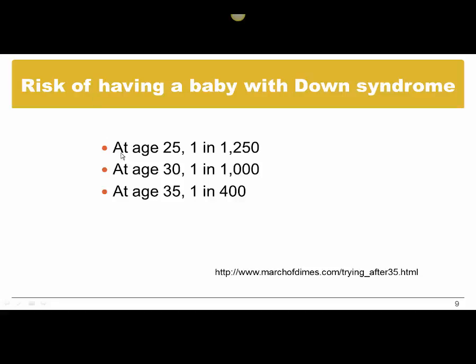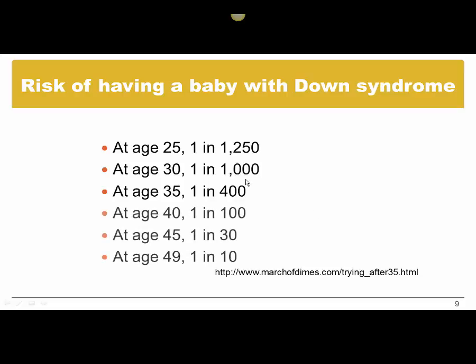So here you see this is a low risk. Only 1 mom out of 1,250 moms. But with age, the risk really increases. So an older mom is more likely to have a child with Down syndrome.